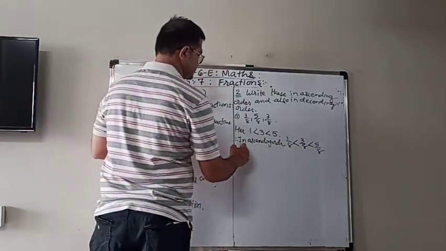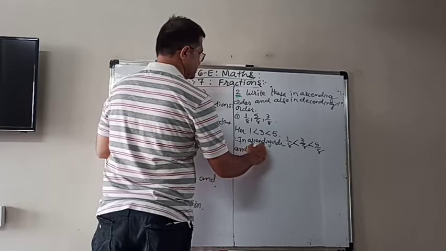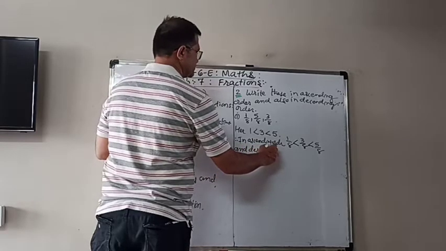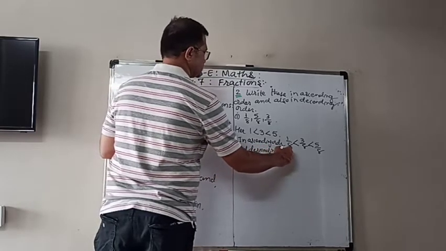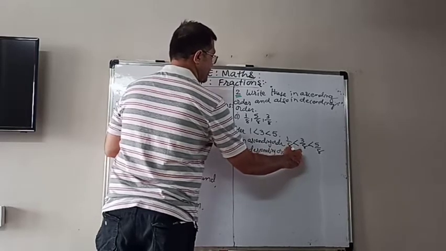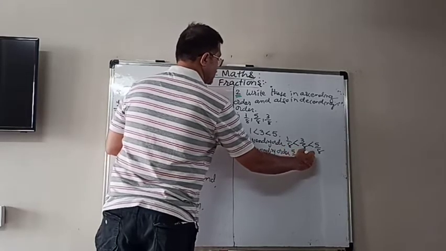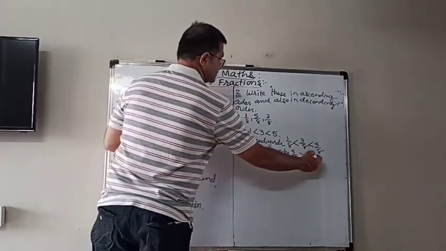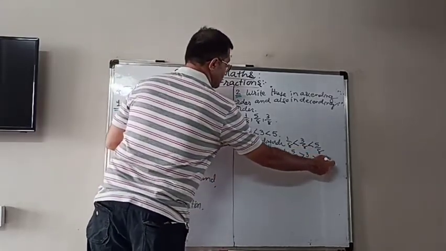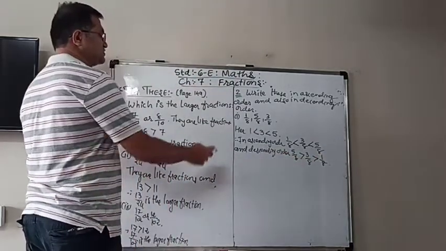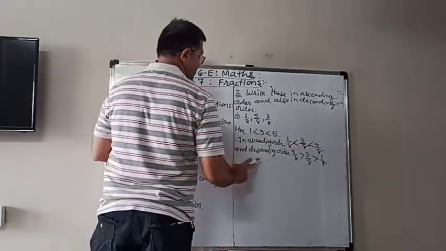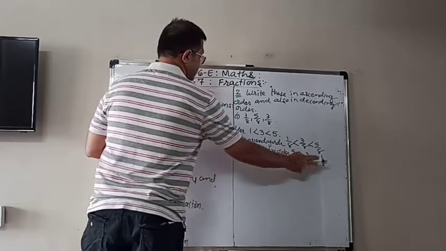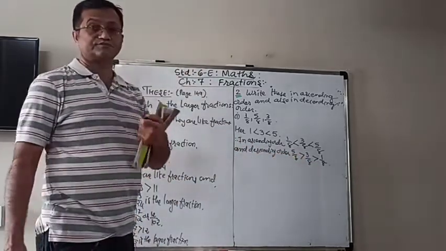And descending order is just the reverse: 5 by 8 is greater than 3 by 8, which is greater than 1 by 8. So in ascending order, smaller to greater, and in descending order, greater to smaller.